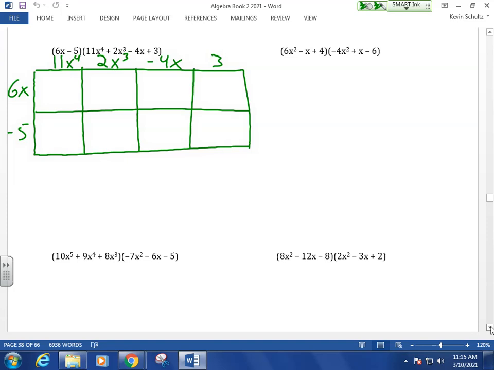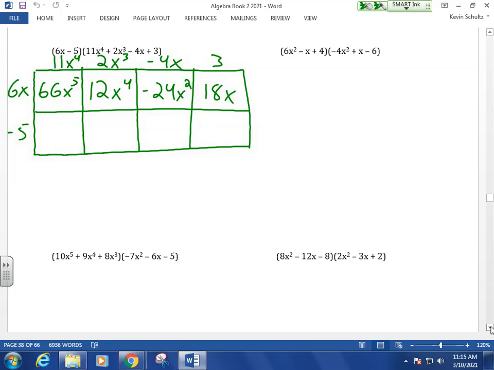And again, what fills in the box is just the products of each of the terms. So 11x to the fourth times 6x, 66x to the fifth. 2x cubed times 6x is 12x to the fourth. Negative 4x times 6x is negative 24x squared. And 3 times 6x is 18x.